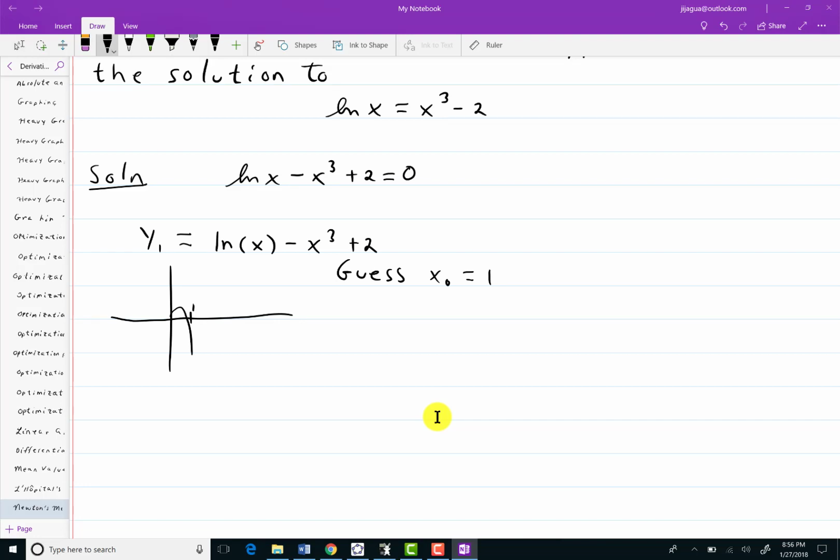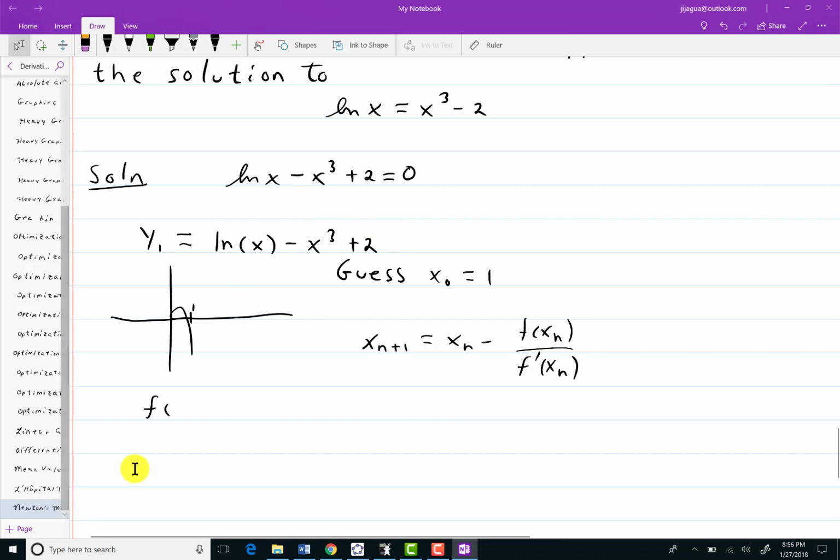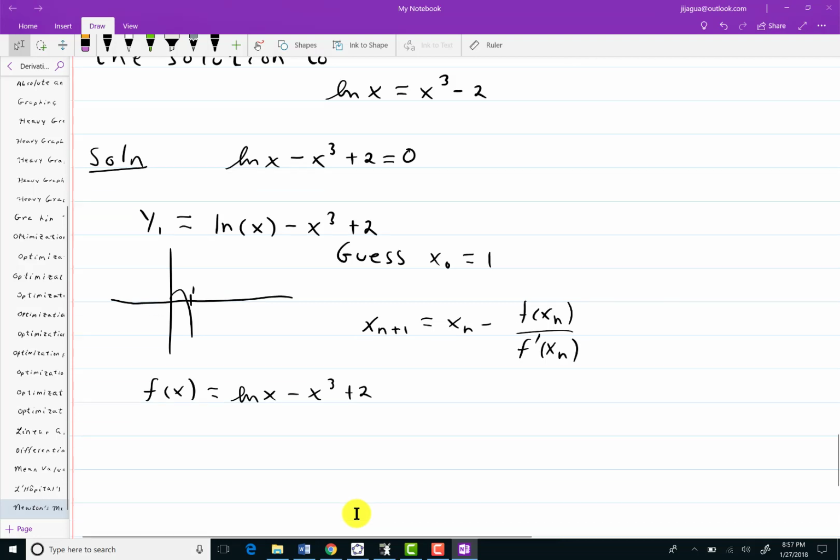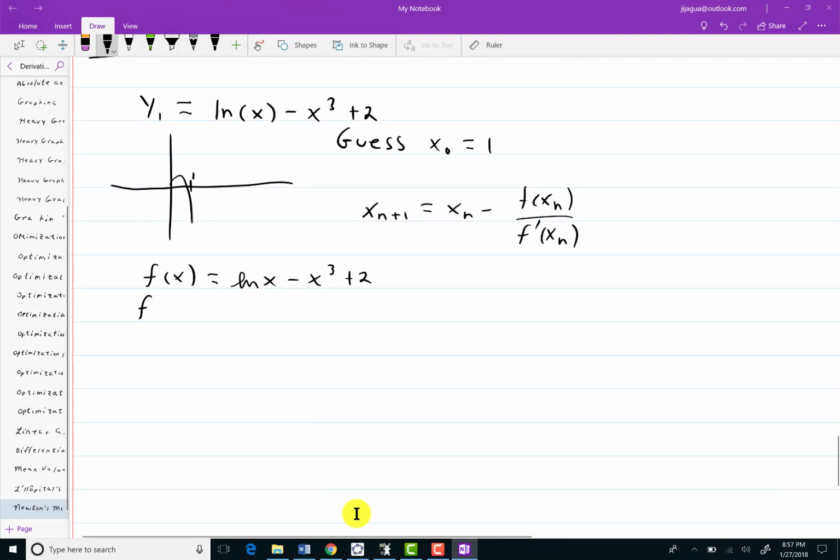Now remember, the formula is x sub n plus 1 equals x sub n minus f of x sub n divided by f prime of x sub n. What's the f here? Well, that's this stuff. I'm going to use f of x equal to ln x minus x cubed plus 2, so that f prime of x equals 1 over x minus 3x squared.